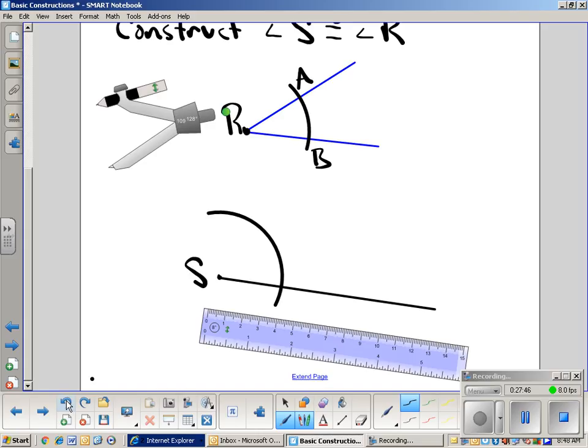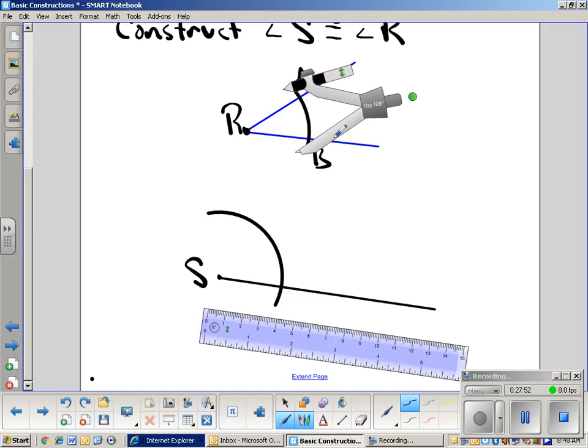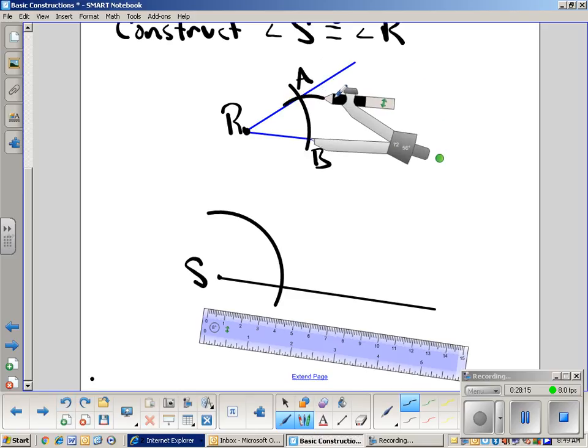So then I'm going to measure the distance from B to A. And anytime you measure, I want to draw my arc so I know where it's crossing. Where I just did it wasn't good, so I'm going to erase that, make this a little smaller, and try it again. Now I like that better. It crosses right on the blue ray and the intersection of the arc at point A.